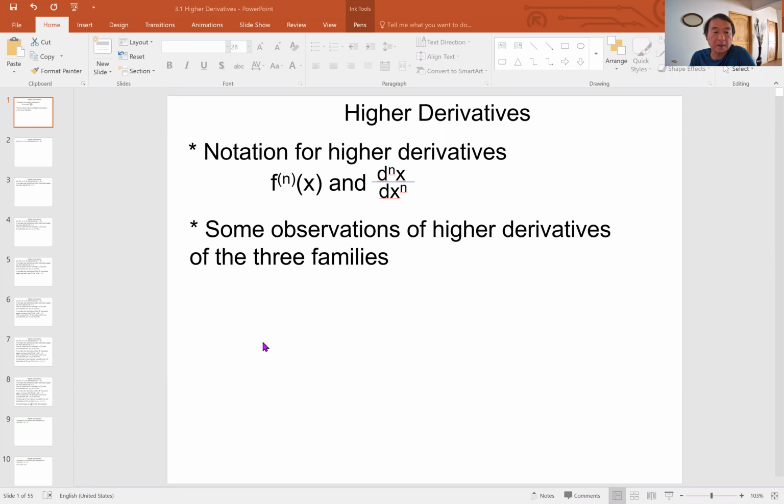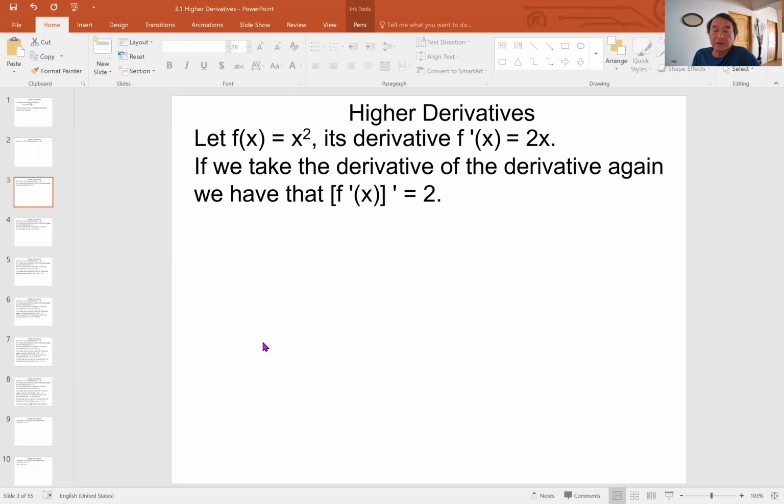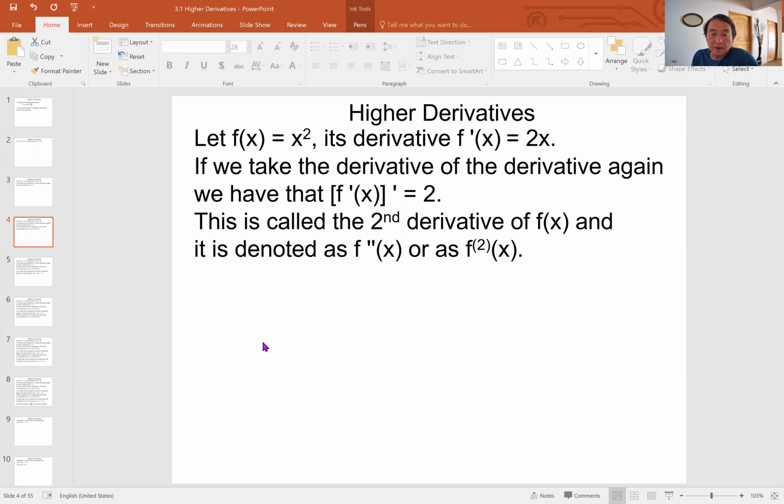Okay. So we start out with the simple function x squared, and its first derivative is 2x. If we take the derivative again, that derivative will be 2.